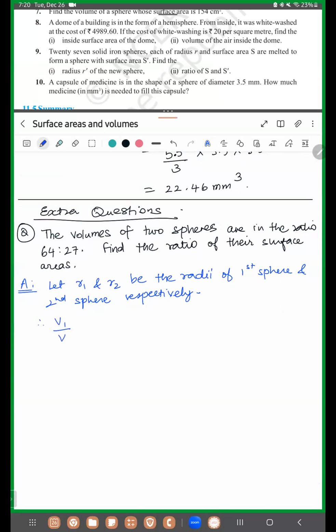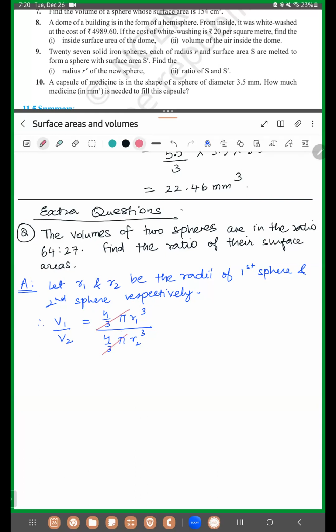V1 by V2 means volume of the first one by volume of the second one equals, what is the formula? Volume of a sphere is 4 by 3 pi r1 cube by 4 by 3 pi r2 cube.